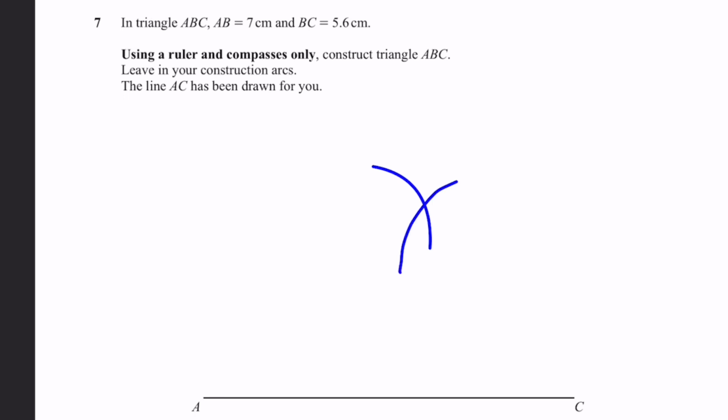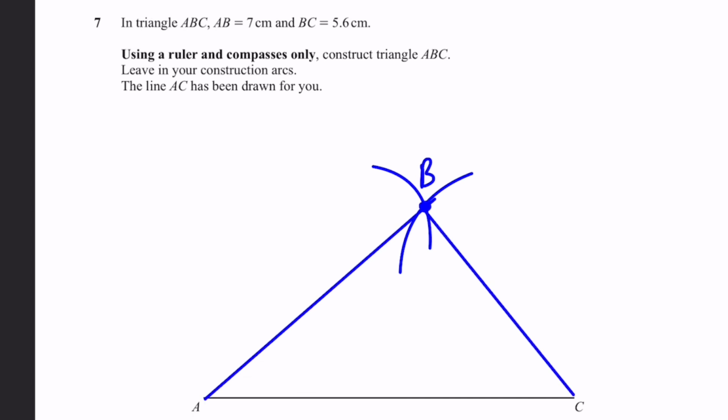So let's take it like this. Just a scale drawing, not actual drawing. And then wherever this intersects, in this case it's here, that is the point B. And then disconnect, and then we just label it as 7 centimeters and 5.6 centimeters.